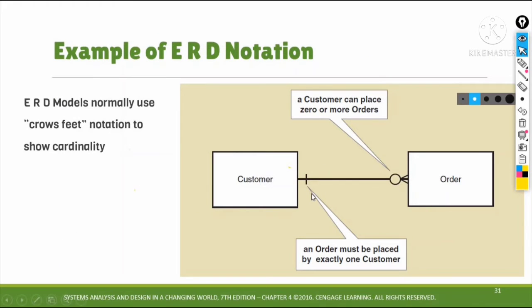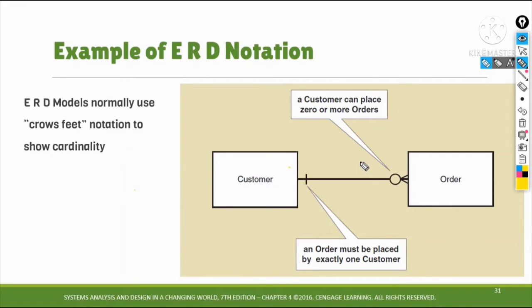So this figure here shows an example of a simplified entity relationship diagram with two data entities, the customer and order. So each customer can place one or many orders.